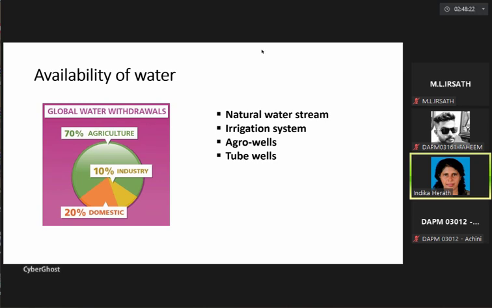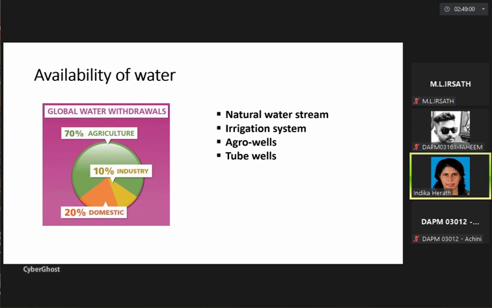So you can see 70% of water is extracted for agriculture. Here what we want to look at is where this water is coming from. Sometimes this water is from groundwater. I think you all know what an agro-well is. An agro-well is a well that is generally larger compared to drinking water wells and used for irrigation of crops.